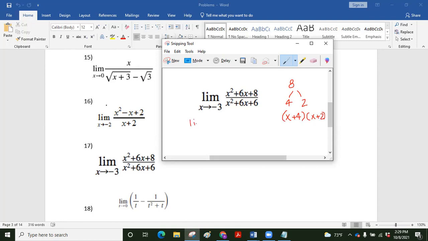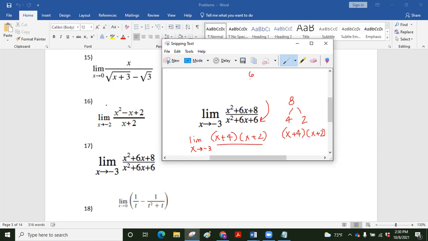So we'll say that the limit as x approaches -3 is x plus 4, x plus 2 over, and it seems like we have to factor the denominator as well. So we're looking for two numbers that add to 6 and multiply to 6.